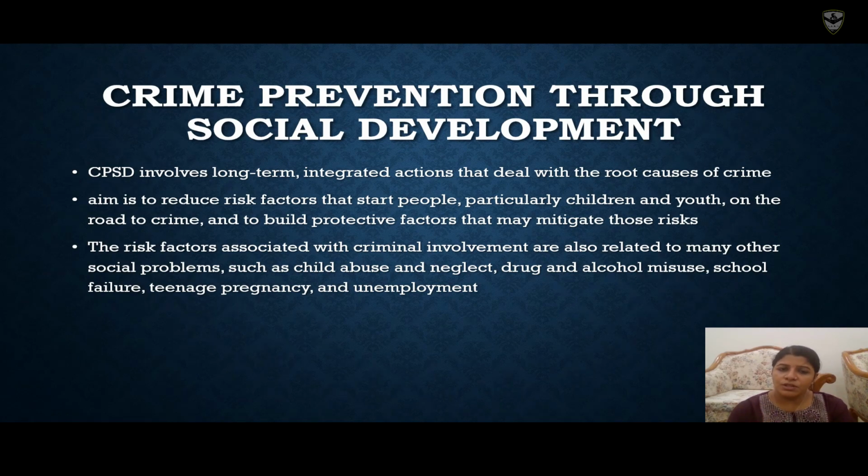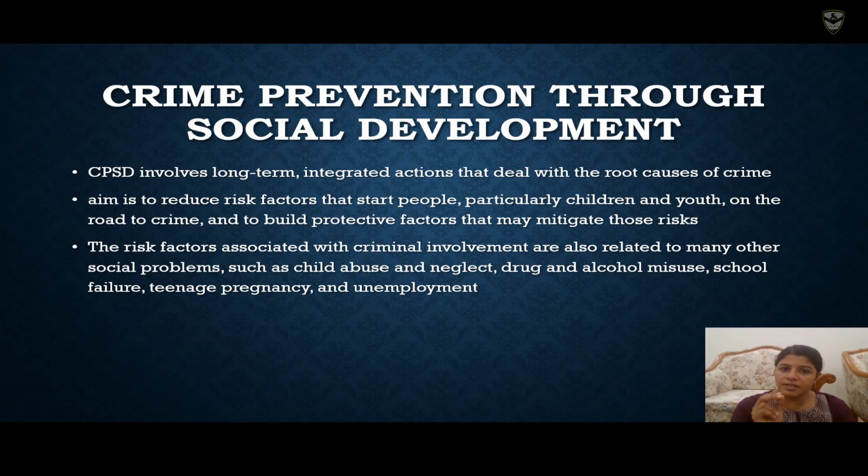In crime prevention through social development, it mainly involves a long-term integrated action that deals with the root causes of crime. So through CPSD, the main aim is to reduce the risk factors that start people, particularly children or youth, on the path to crime.